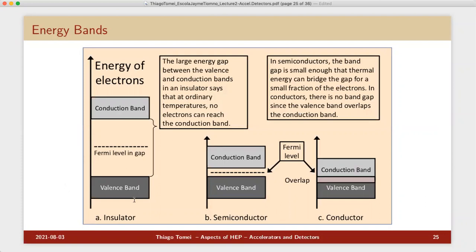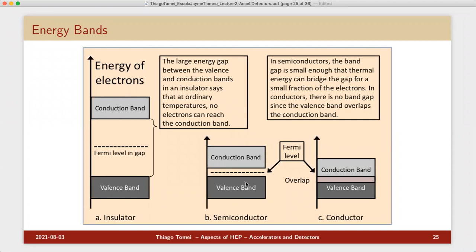In an insulator, you know, there is a valence band and a conduction band, and the Fermi level is in between the two. So the point is that in an insulator at ordinary temperatures, the electrons cannot reach the conduction band. And then they cannot go, quote unquote, free to conduct electricity. So this is an insulator.